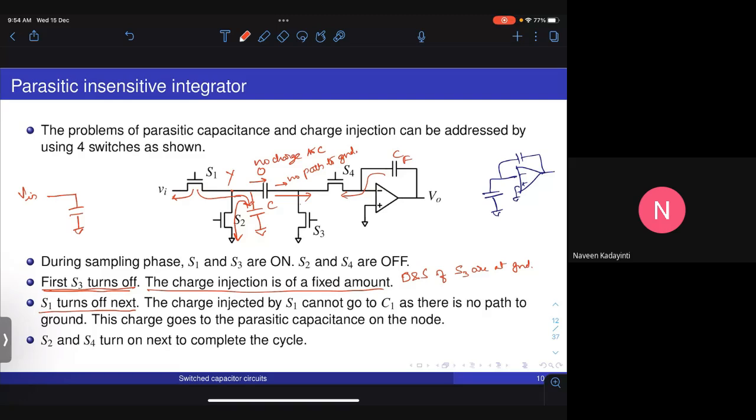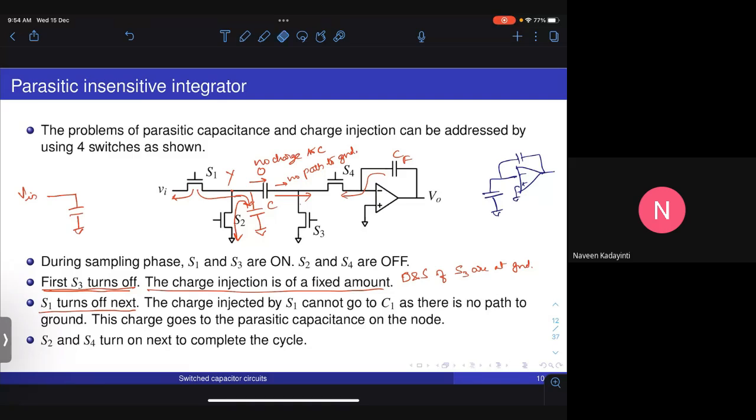So again, that introduces a fixed error. But what happens is in this case also, every node has a switch connected, which either turns on or turns off in every cycle. So basically, you'll have complementary injection of clock feedthrough, which will also compensate each other to some extent. Whatever residual offset is there is a fixed offset, and it's not input dependent, so it's easy to compensate.